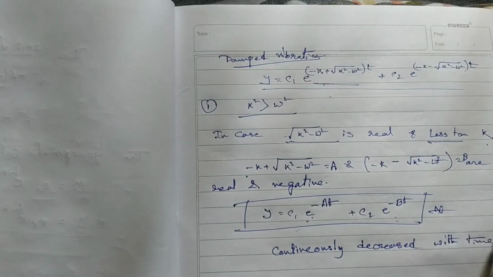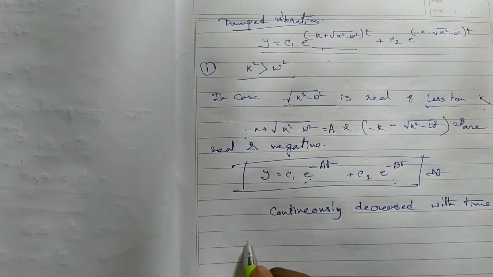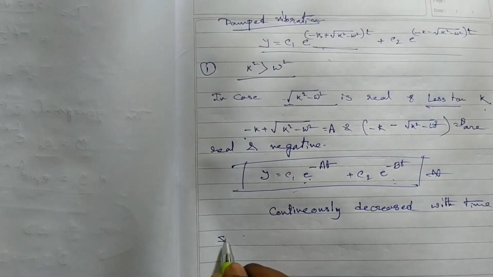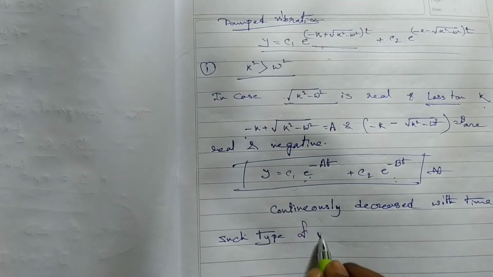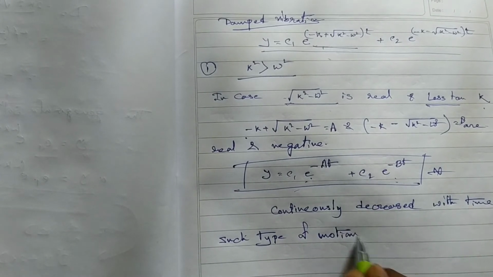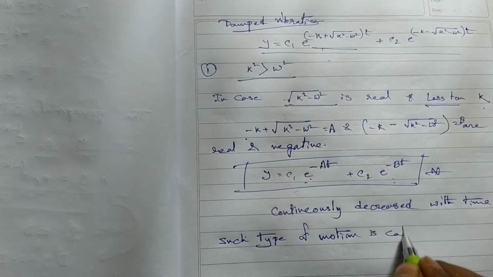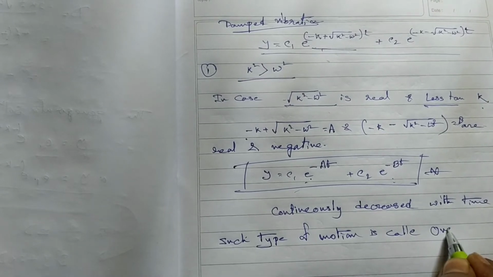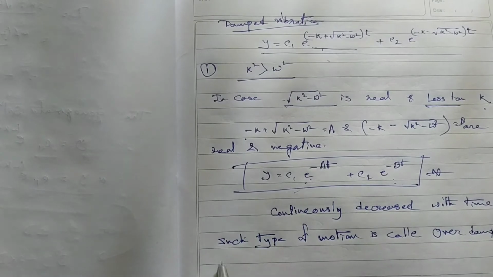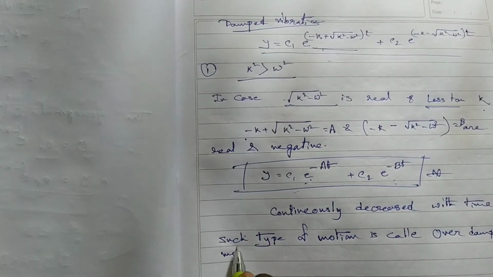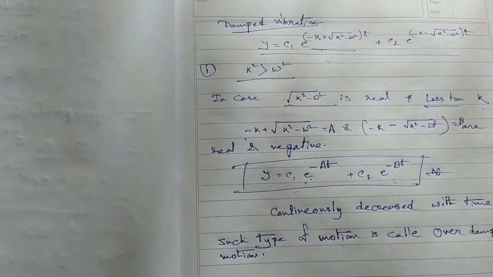And such type of motion is called over damped motion. Clear?